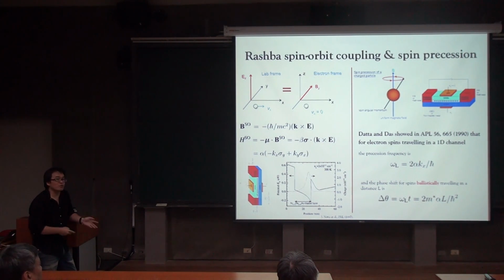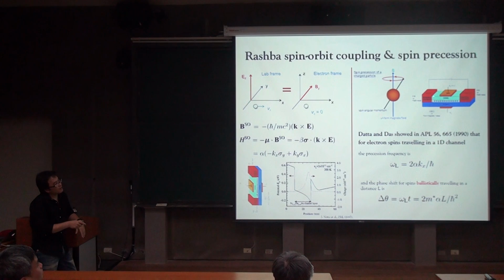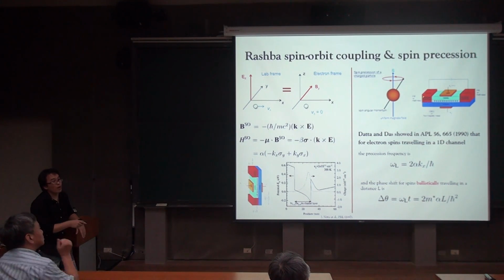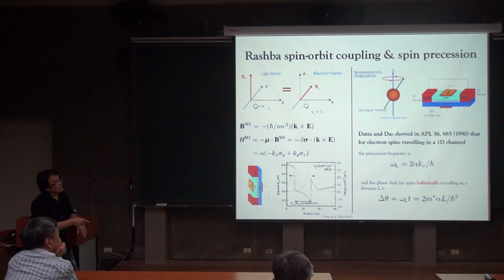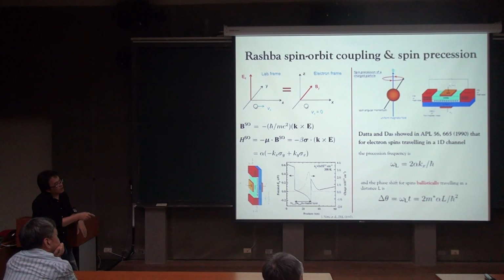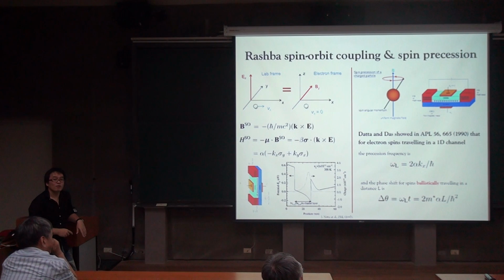And the rotation is determined by the energy gap, and this is called the Larmor frequency. If you have ever studied quantum mechanics, you know the frequency is given by this. So the idea is, if you have a spin which is not parallel to the Y axis, go back to this. You have the electric field along Z. You have the electron moving from left to right, which is along X. So you will have the Rashba magnetic field along Y, right?